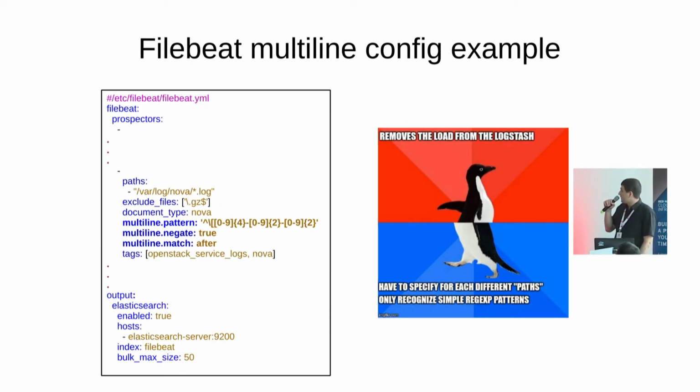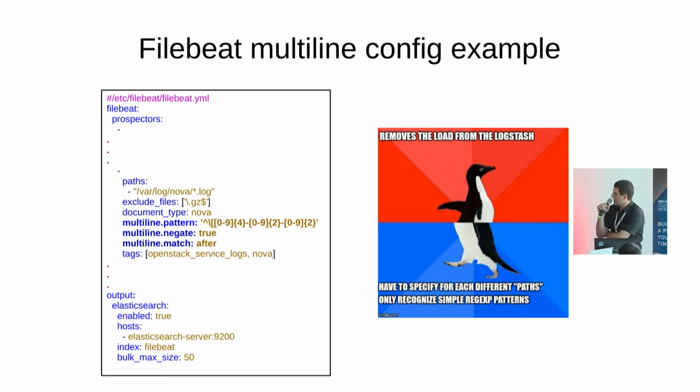What about Filebeat? If you choose to do this the same way on Filebeat, this is how you have to do it. You add this multi-line pattern configuration, and now you are removing the load from Logstash, because you are calculating these events on the edges, on your physical machines, and you are just sending all the logs as one event to Logstash.